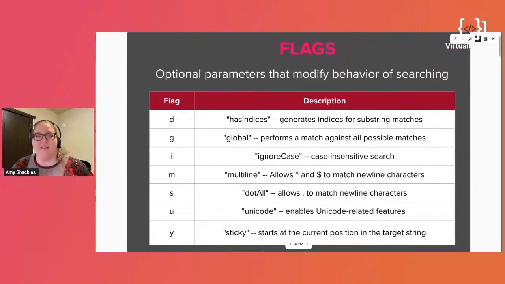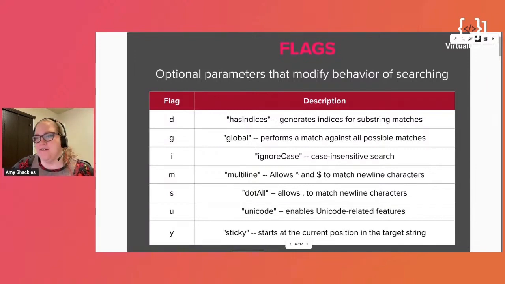Flags are an optional parameter that modifies the behavior of the search. Generally in the wild, you will see the global flag, which means that you will match any occurrence in a string rather than stopping at the first one. The multi-line flag, which allows new line characters to be matched as though they are the beginning and end of strings.